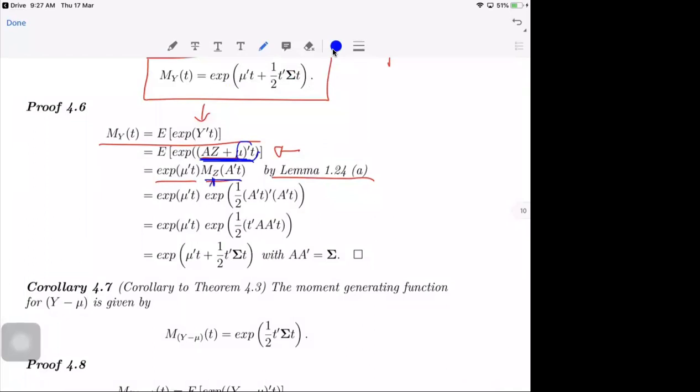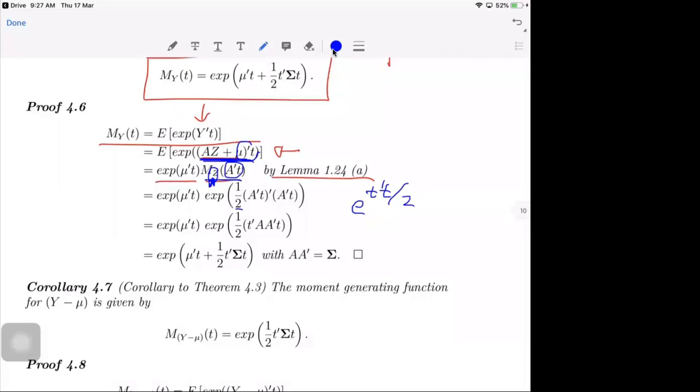But z is standard normal, no? Z is standard normal. So the standard normal is e to the t prime t over 2. So you have 1/2, but your t here is a prime t. So that will be a prime t prime times a prime t.